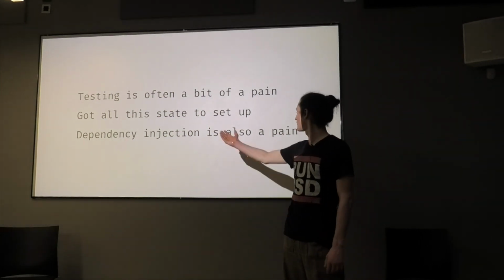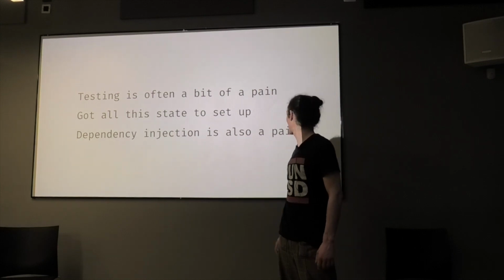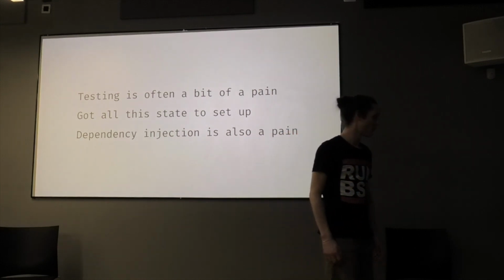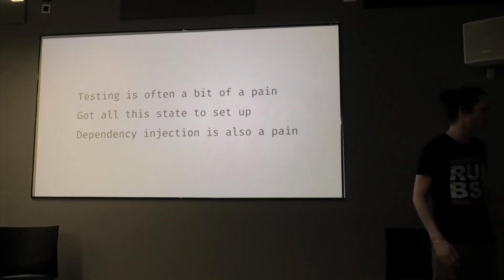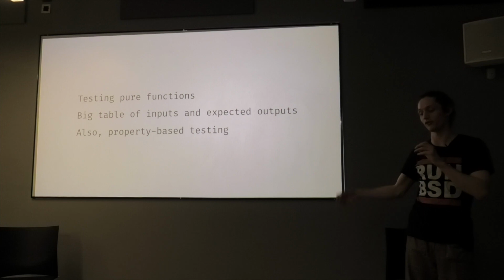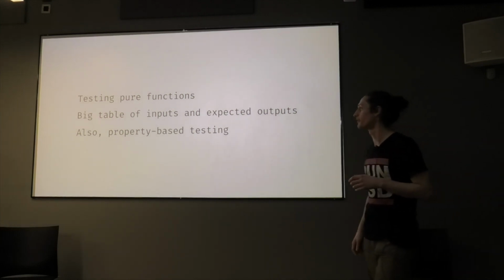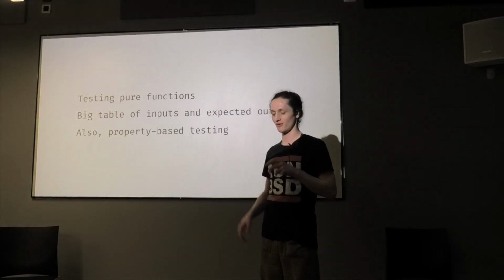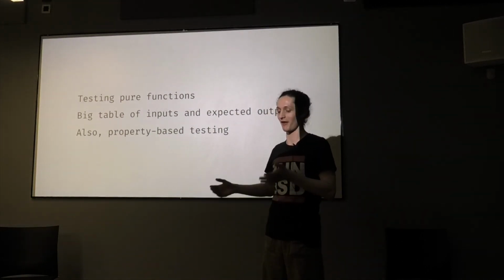And like I said, dependency injection is quite a pain. It's fine, but it's a bit of a pain. In comparison, because you're only ever dealing with pure functions that just map an input to an output, you can literally just make a big table of inputs and expected outputs, and that's fine. That does the job.